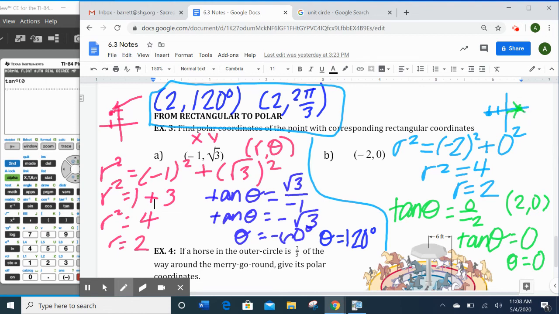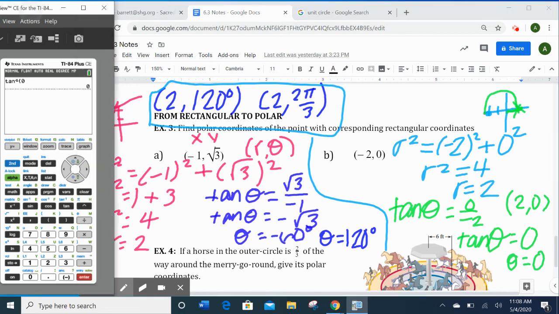And clearly that's not the point. Clearly it has to be on the other side. So I'm definitely going out 2 units, but it's not true that I rotate 0 degrees. How many degrees do I have to rotate to get to that point? 180. So if I take the tangent of 180 degrees, I do get 0.